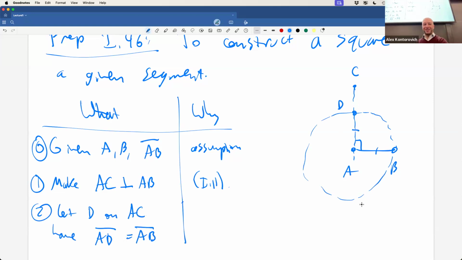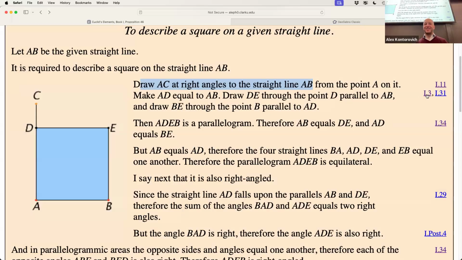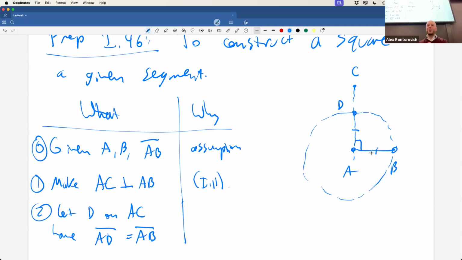What Euclid uses instead is I-3, which says you can move a length to a point in a particular direction, which is one more step than you can move a length to a point. But you saw how you can move lengths by I-2. I-3 is the next step after I-2.